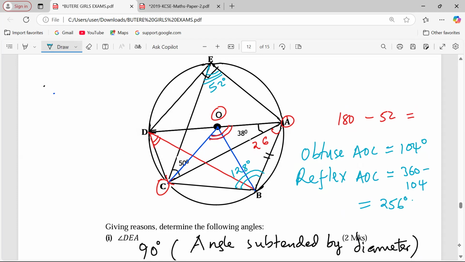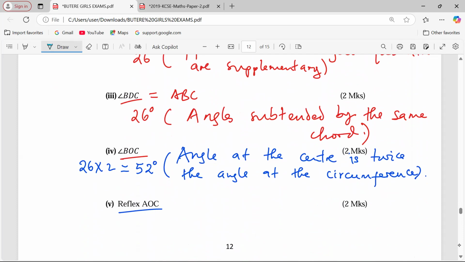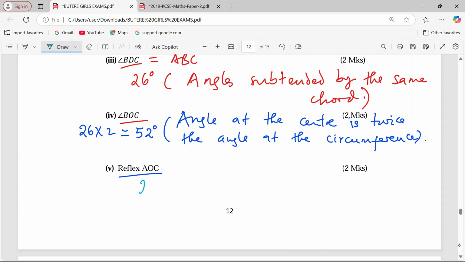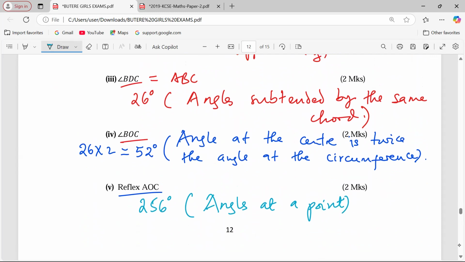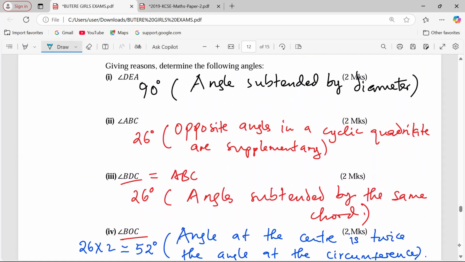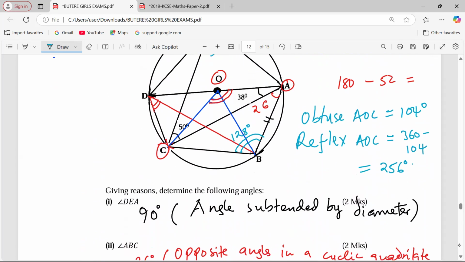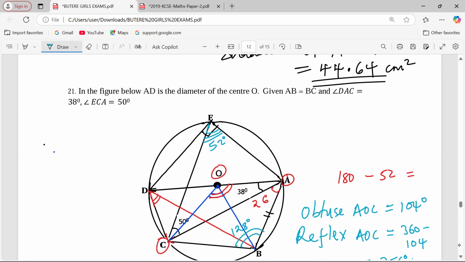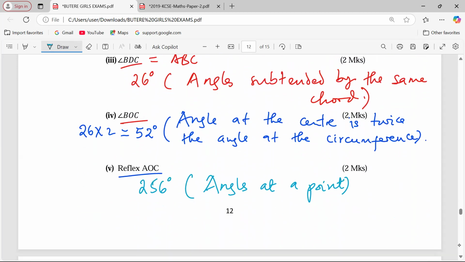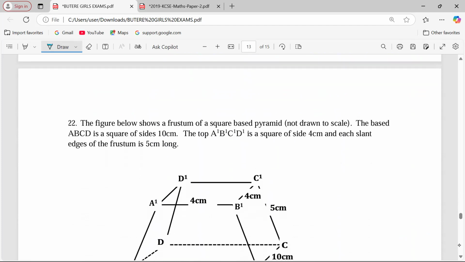So the angle that we wanted is equal to 256 degrees. Angles at a point are supposed to add up to 360, and we have applied that concept. So it's a very good question, which I believe that you guys have gotten something.